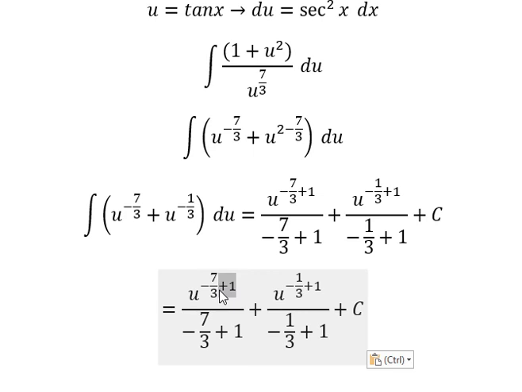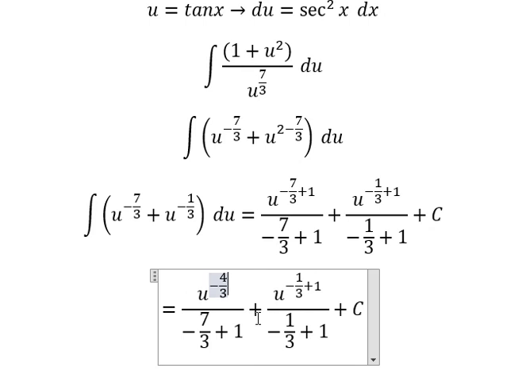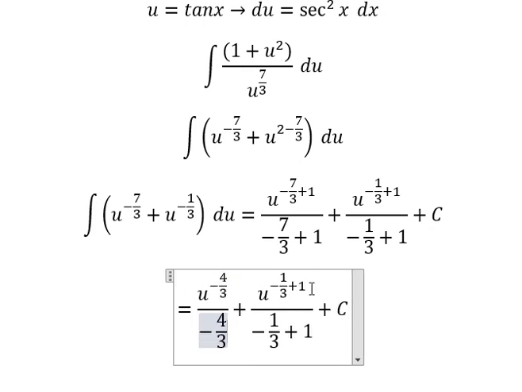So this one in here, we have negative 4 over 3. This one, we have 2 over 3.